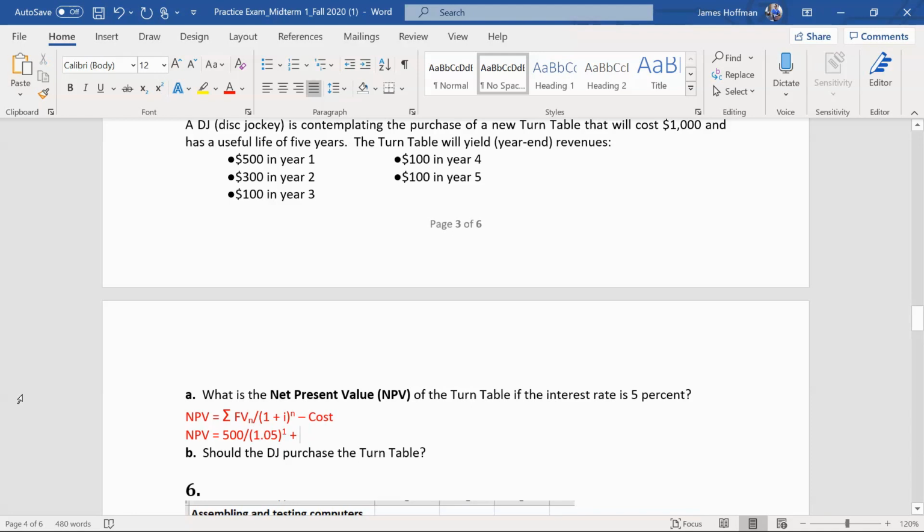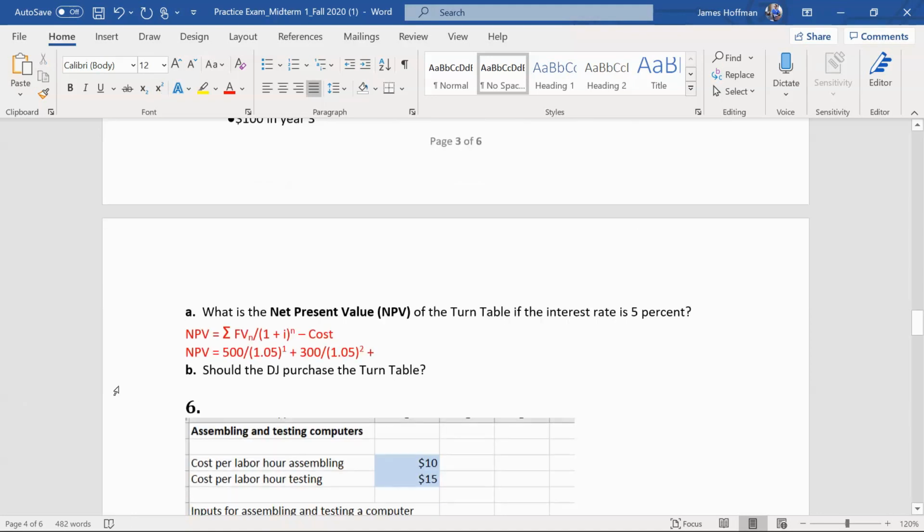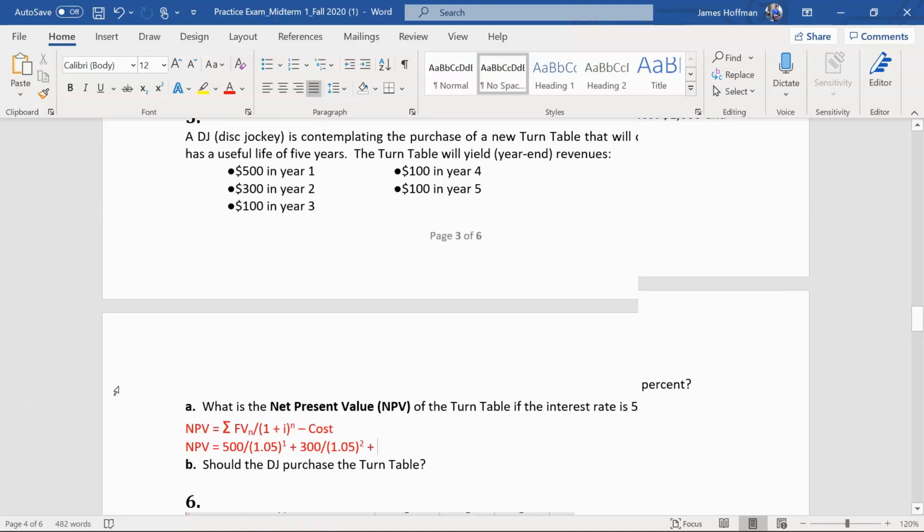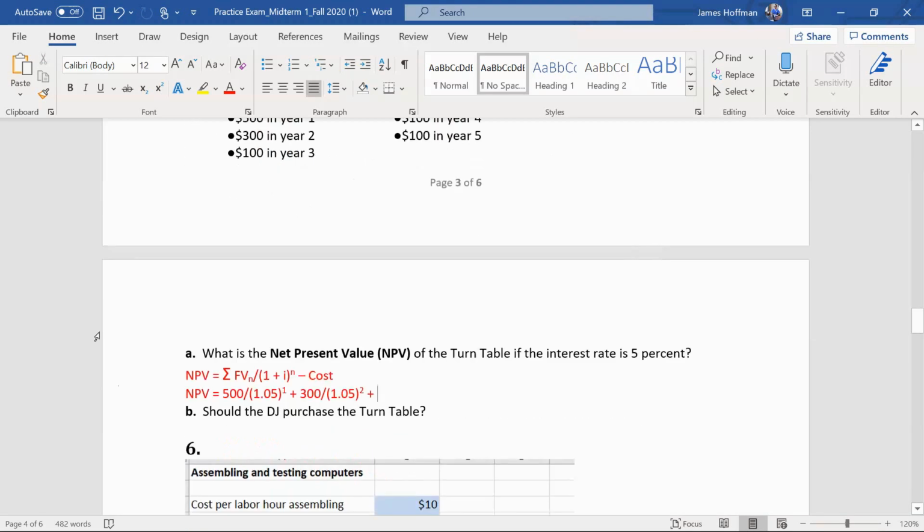And then year two, we get $300. And that's divided by 1 plus the interest rate squared, because it's in year two. You gotta wait 2 years. Okay, so we get the idea. In year three, we get $100, and we get $100 on the last, in years 3, 4, and 5. So, $100.